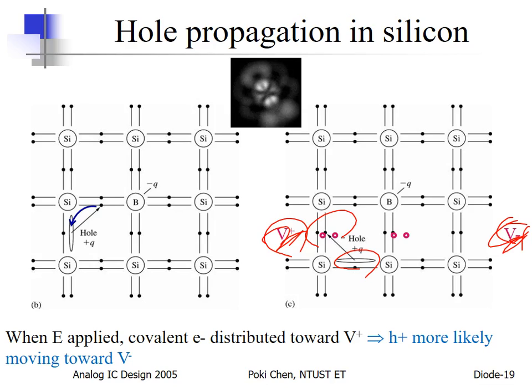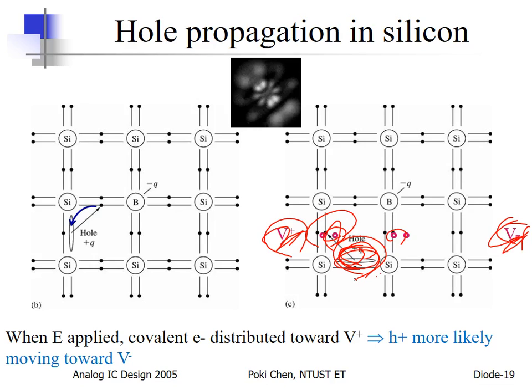So it means what? The hole is closer to here than there, right? So more likely the left valence electron fills the vacancy. Bingo, bingo. So it means what? On average, the hole will move to the left.